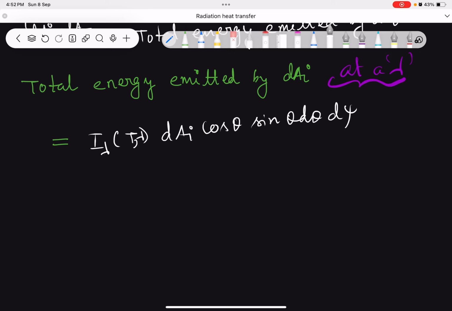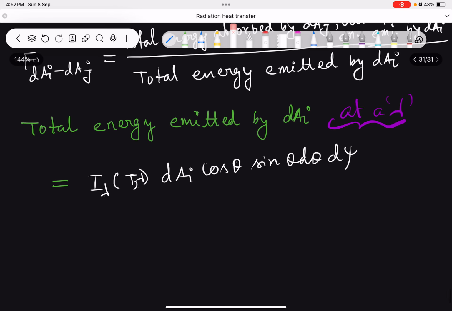Okay, so here I will say that this is a function of lambda. I don't care, but I will not integrate with respect to lambda, because even if I integrate with respect to lambda, the total analysis will be the same.